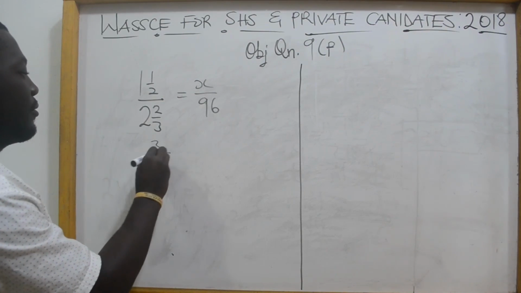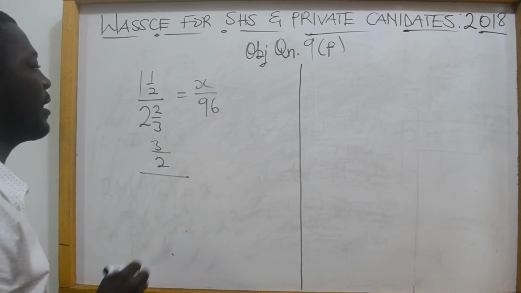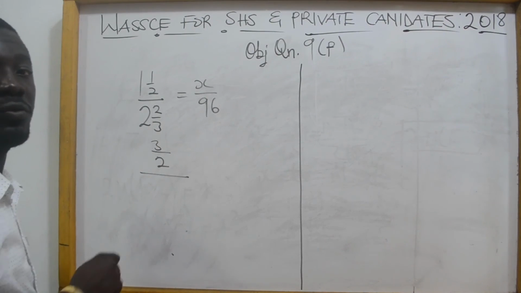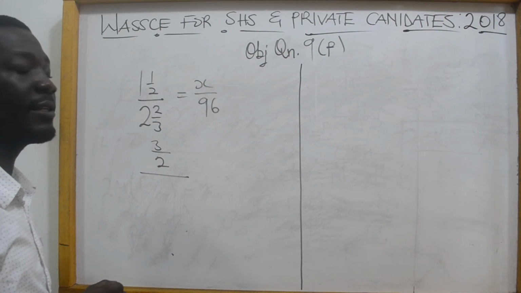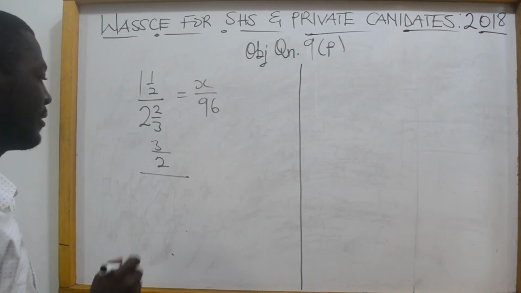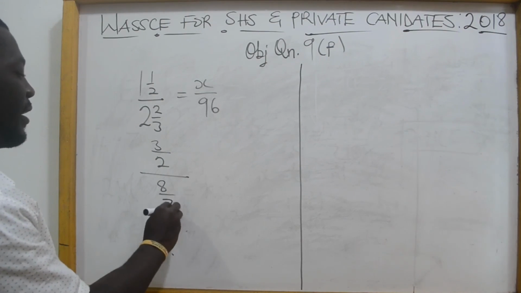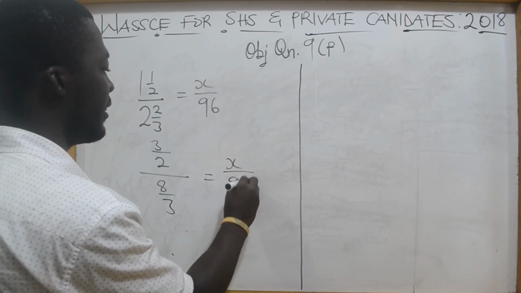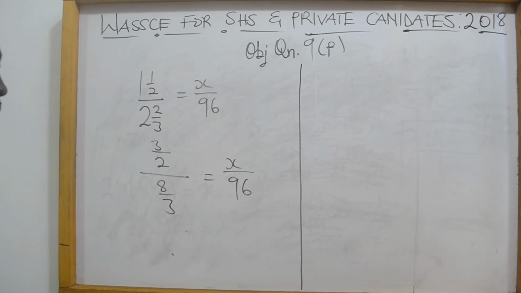So 3 out of 2 divided by the denominator side. 3 times 2 is 6. 6 plus 2 is 8. So we have 8 divided by 3 is equal to x over 96.